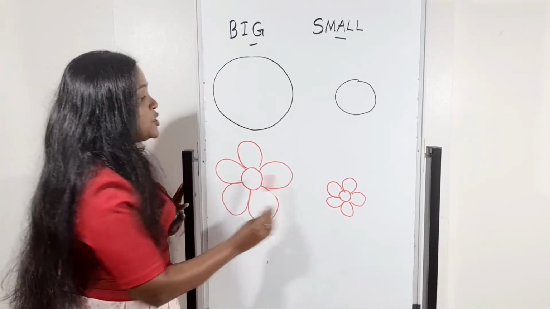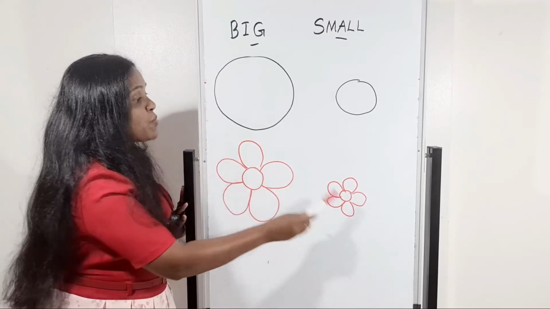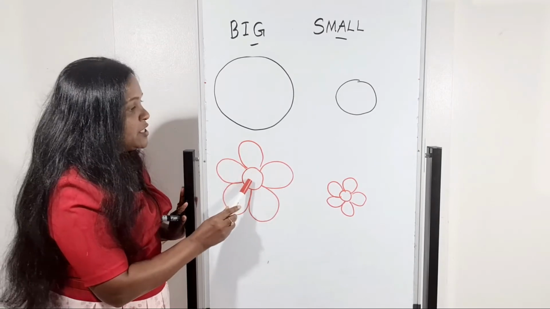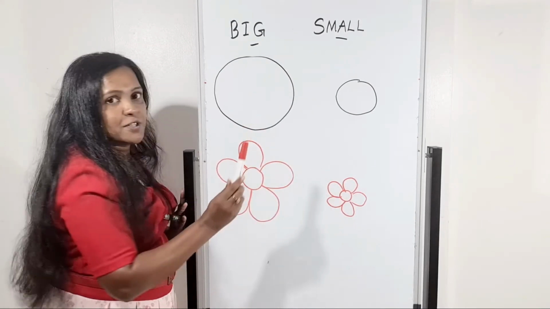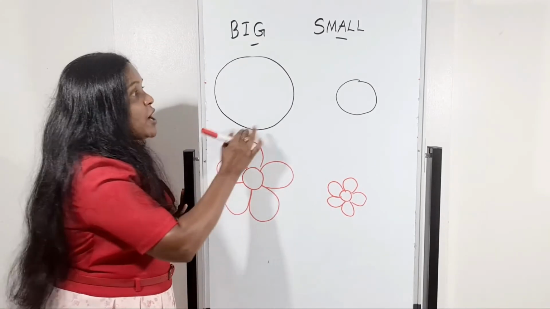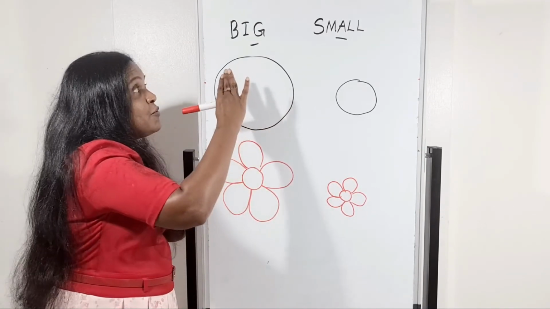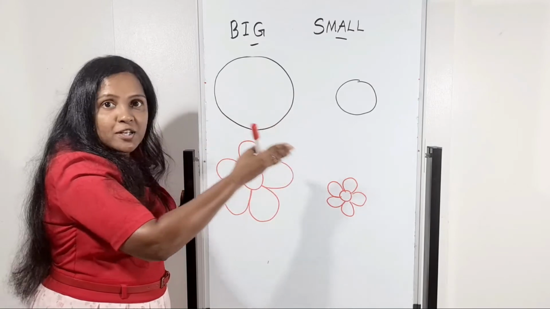See, there are two flowers. Which one is the big one? This one is big. Big flower, small flower. When we are comparing two objects, we can see which one is the big one.